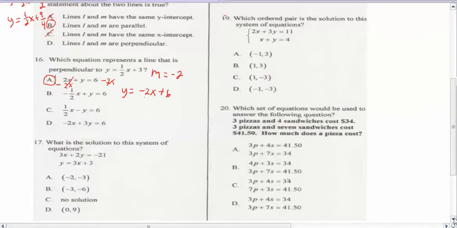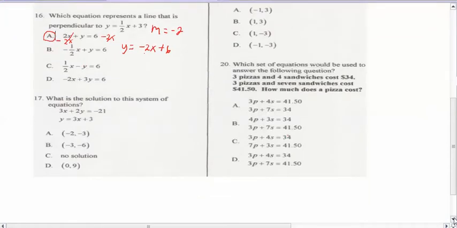Okay, the next one. We need to solve the system, and you can solve it however you'd like. In this case, I'm going to use substitution because it's nicely set up for substitution. I'm going to take this and plug it in. I have 3x plus 2 times (3x plus 3), I think that's a plus 3, let me make sure, is equal to -21.